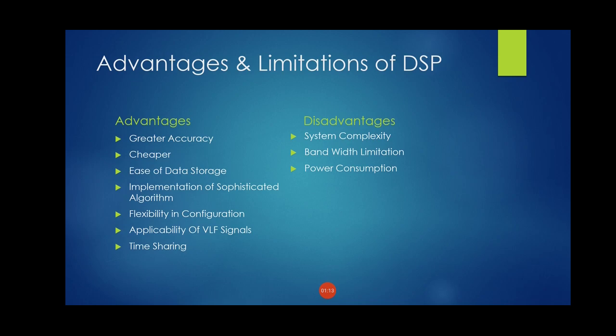The tolerance of the circuit components used to design an analog filter, for example, a resistor, inductor, capacitor, or other active components, will give it a lesser accuracy compared to its digital counterpart.